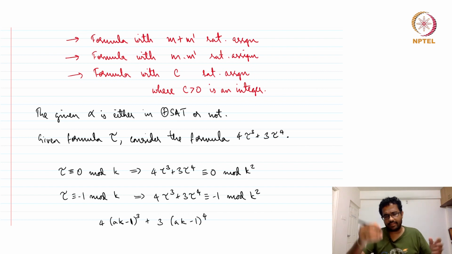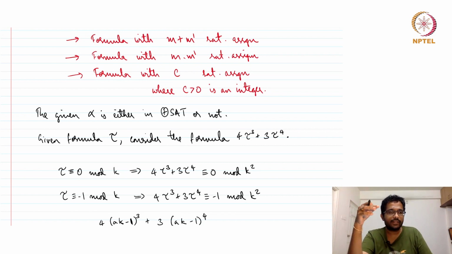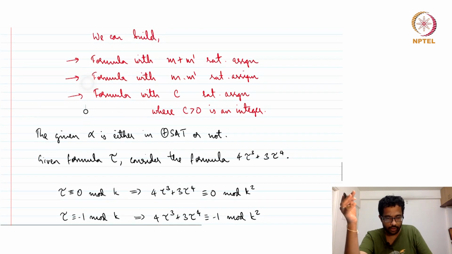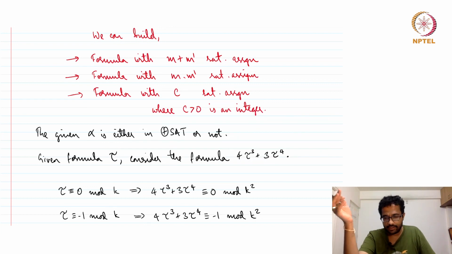By this I mean that given a formula tau, we could build a formula. Let's say tau has 10 satisfying assignments. Now I could build a formula that has 10 squared satisfying assignments, just by what we saw above, by constructing sums, products, etc. And similarly, I could build a formula that has 10 cubed.